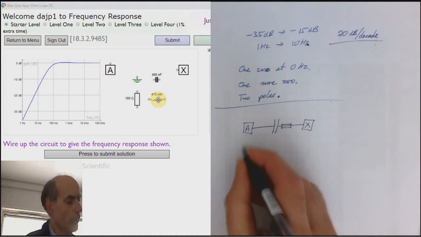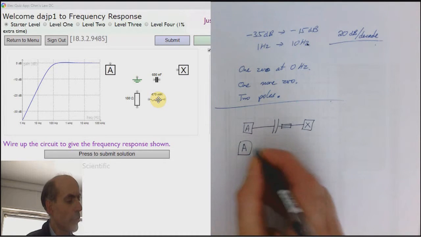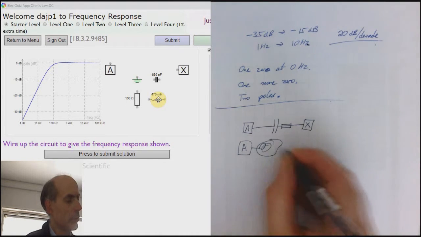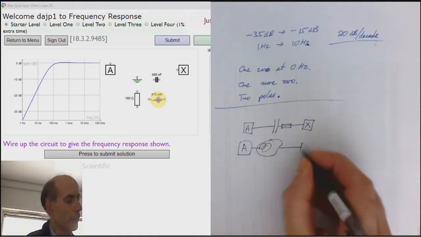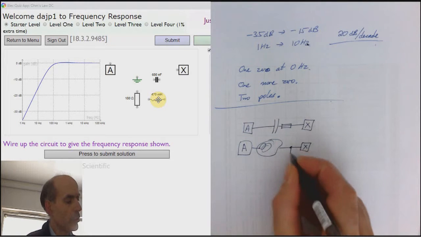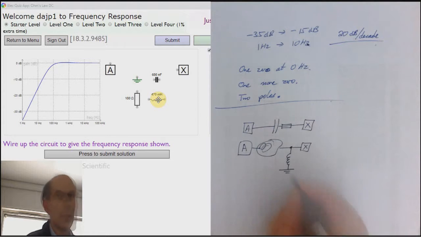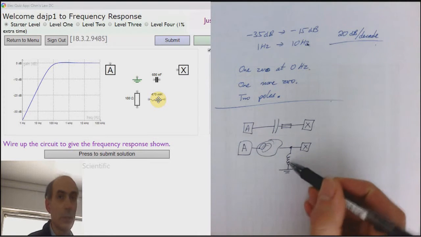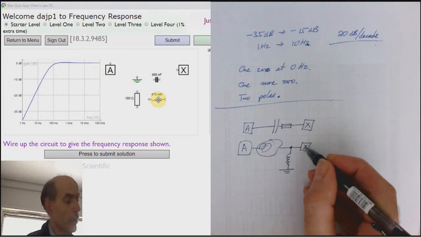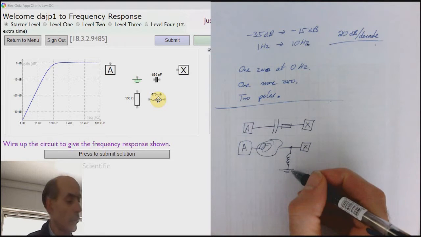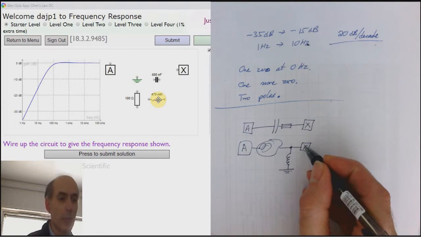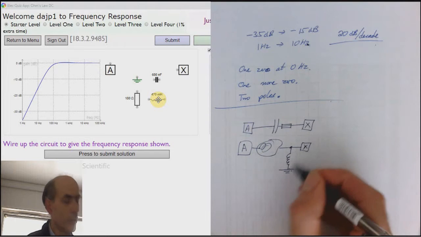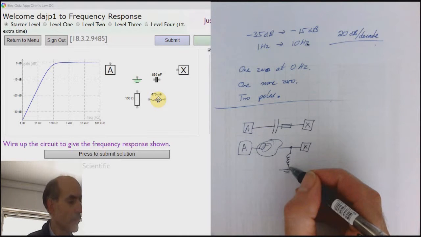The other way to do it is to put something between the input and the output, and then have an inductor going to ground. And if you've got a direct inductor going to ground, then that means that at very low frequencies, where the inductor behaves like a piece of wire, the output here is effectively connected to ground, so you get 0 output again at 0 frequencies, at DC.